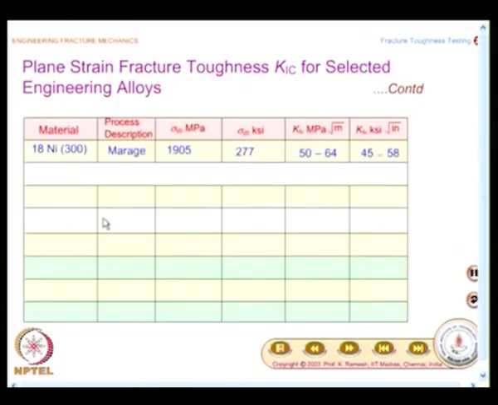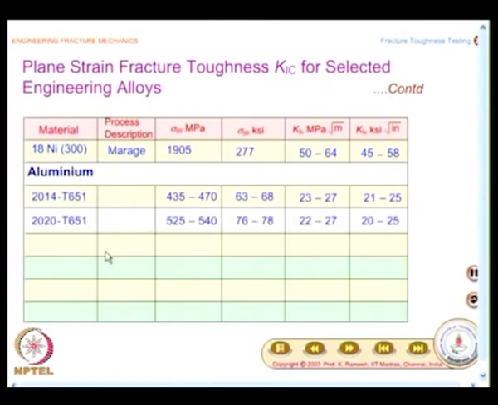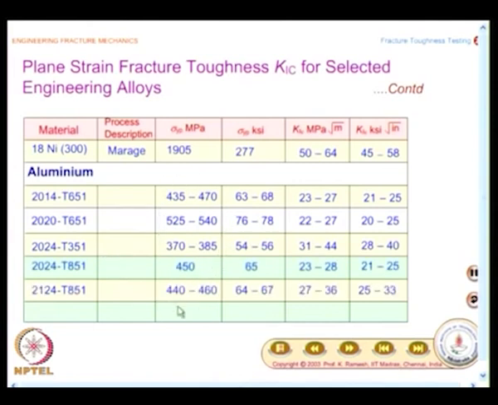In this slide, you have aluminum, and we will again look at 2 of these alloys, and here again you find the minimum yield strength is something like 345 MPa. You are not talking of any material below this, and for 2014 aluminum, the yield strength is between 435 to 470 MPa.